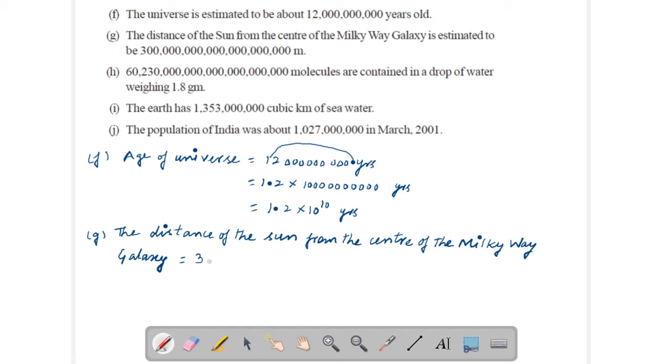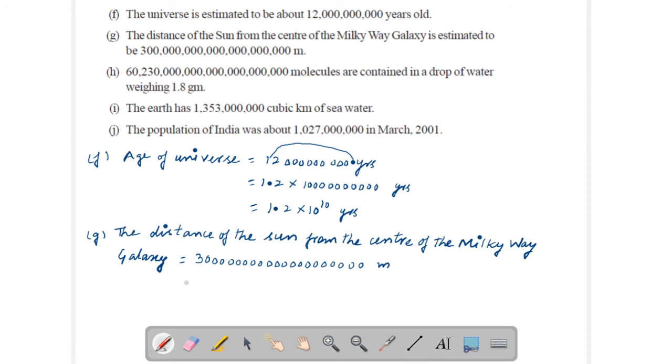Put 20 zeros. So 3 followed by 20 zeros, meter.